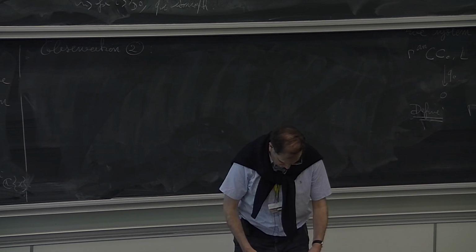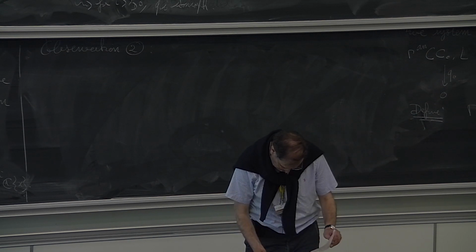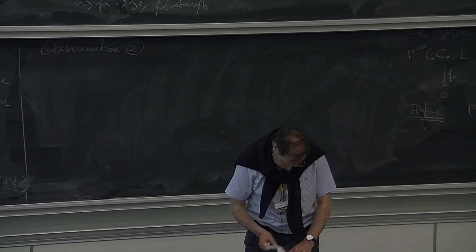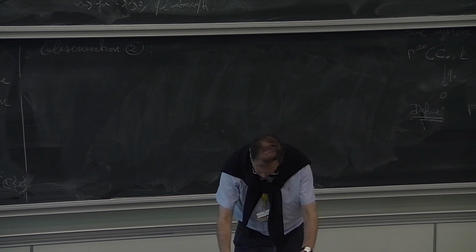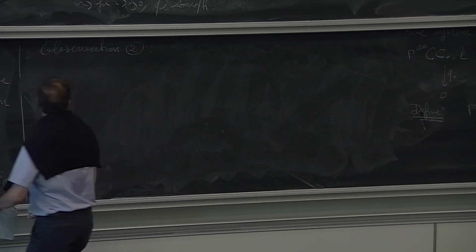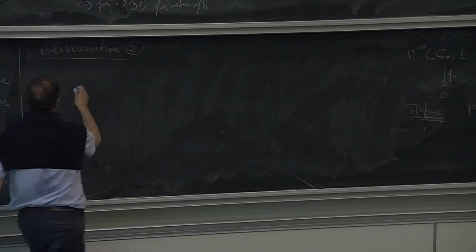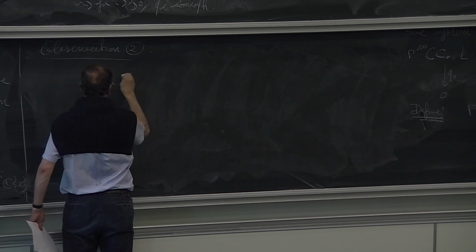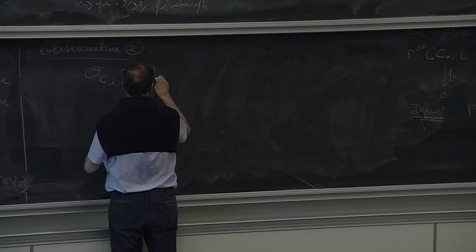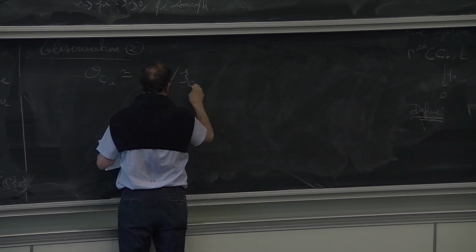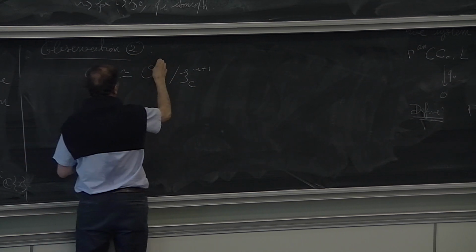On the second observation, okay, I just want to be sure I don't forget anything. So by definition, as I explained, O of C_i, so let me work in analytic geometry.